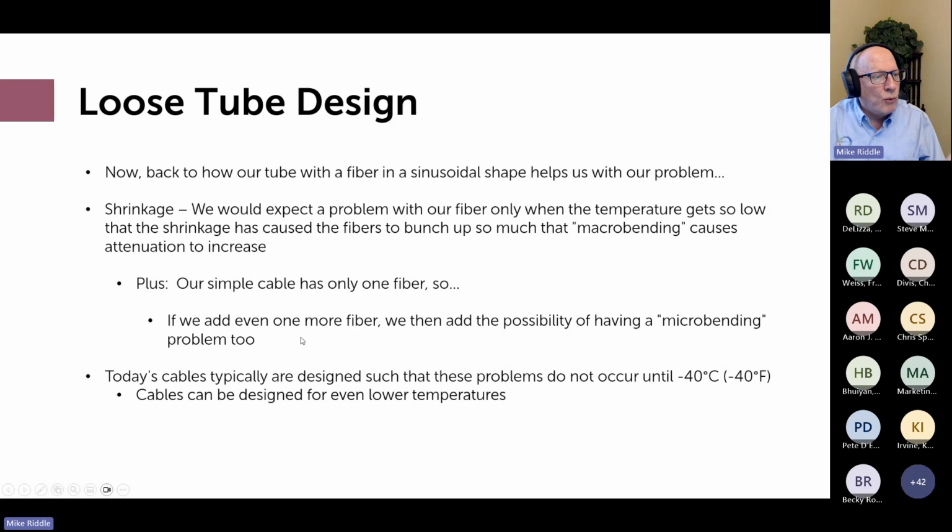But if we add just one more fiber, then we're adding the possibility of having those crossovers and thereby having microbending problems as well. Now, it turns out that in today's cables, they're designed to operate down to minus 40C, which is also minus 40F, and not have these problems.